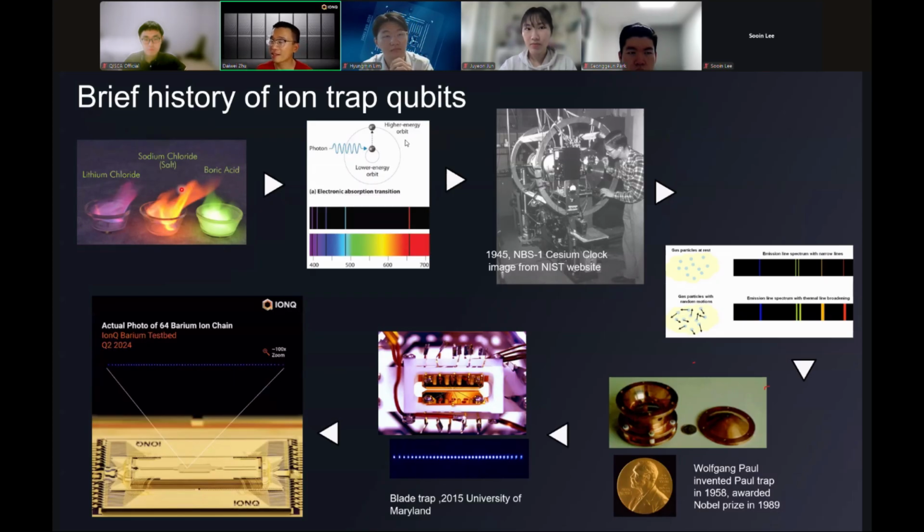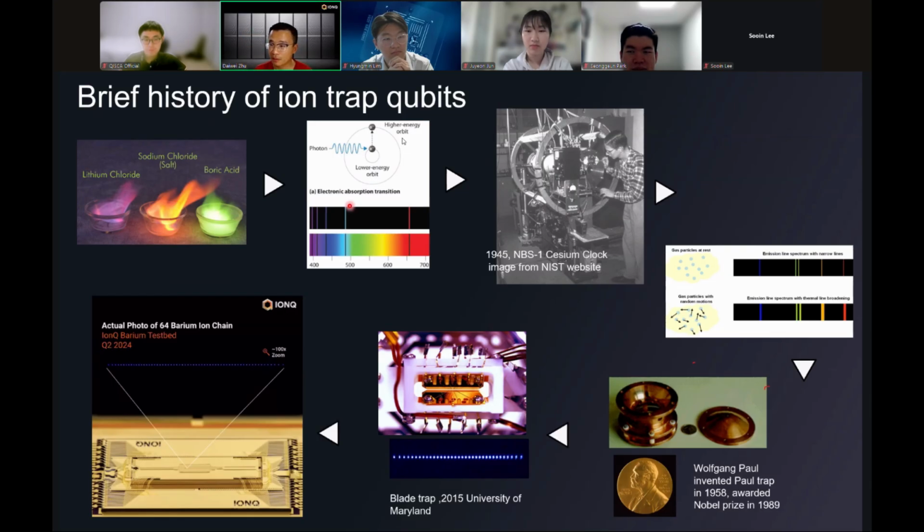Sodium has this iconic yellow color, right? If you sprinkle some table salt onto a fire, I don't know if you played with that when you were a kid, or maybe even nowadays, never too late to play with. I played that a lot when I was a kid. A dust of salt into fire, you will see the yellow spark from the fire, right?